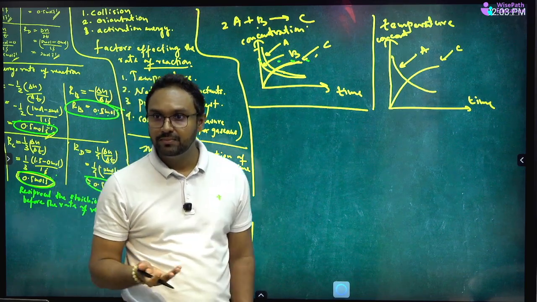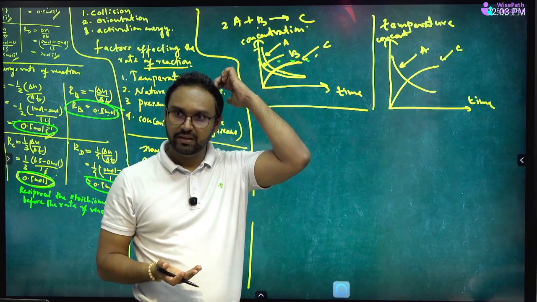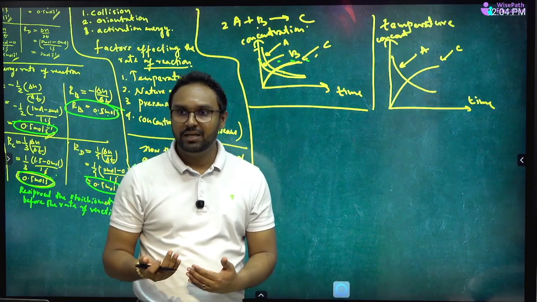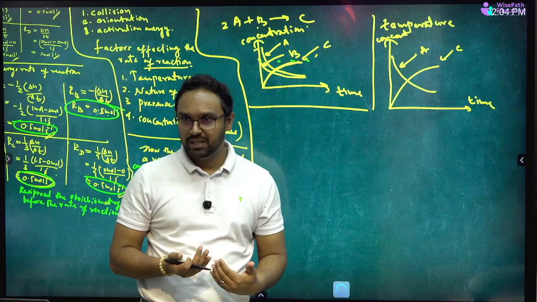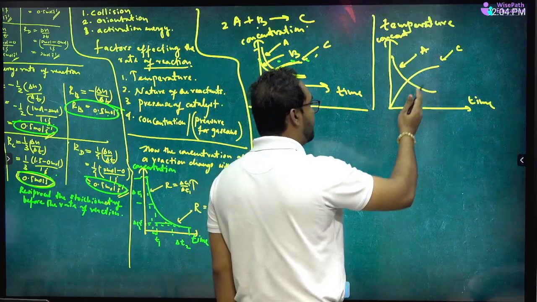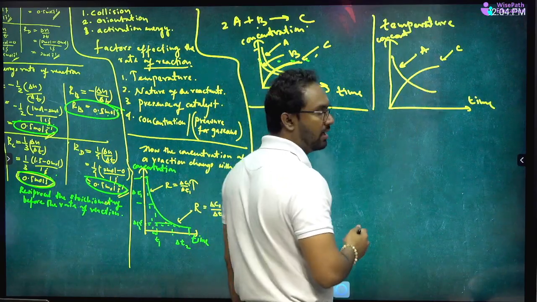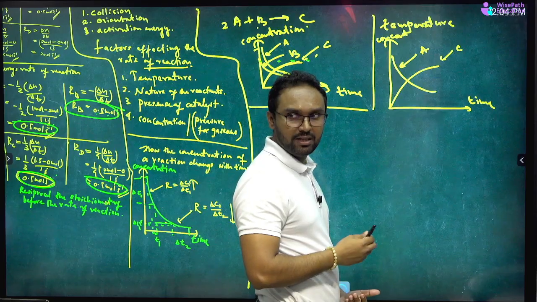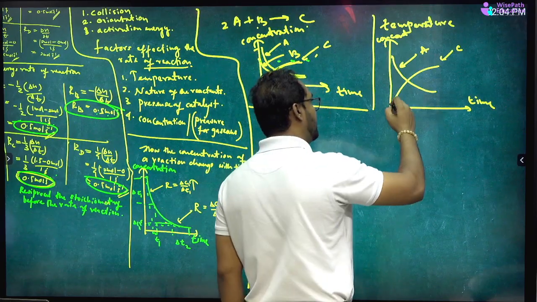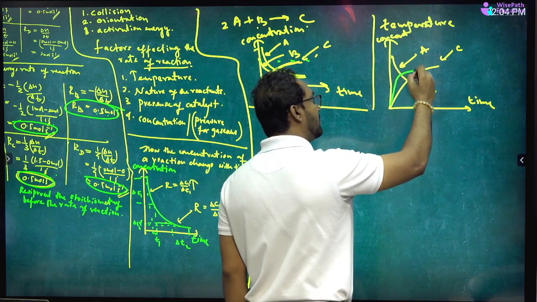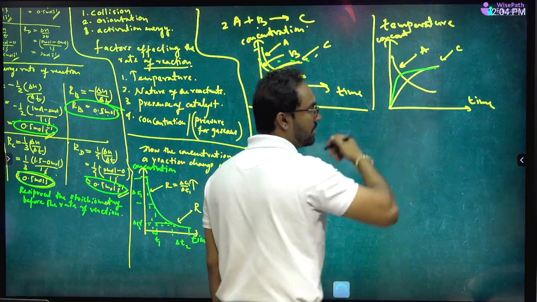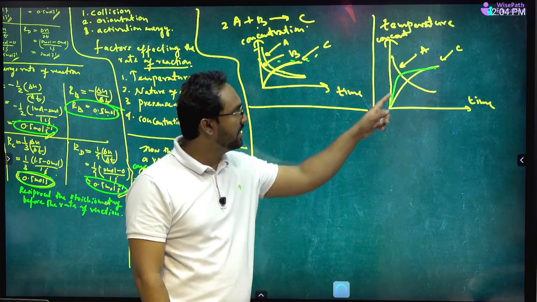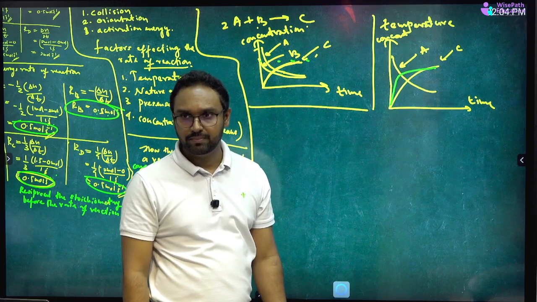So how does it speed up when we increase the temperature? By reducing the time it takes, which means the graph is leaning more towards the less time axis, right? The graph leans towards less time, but the initial and the final are the same.